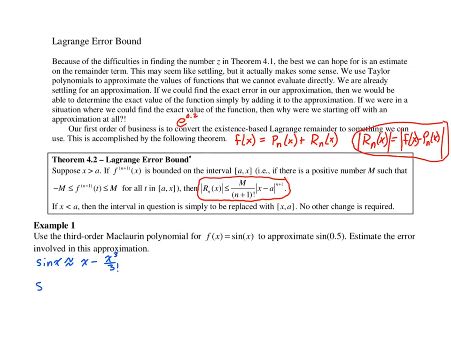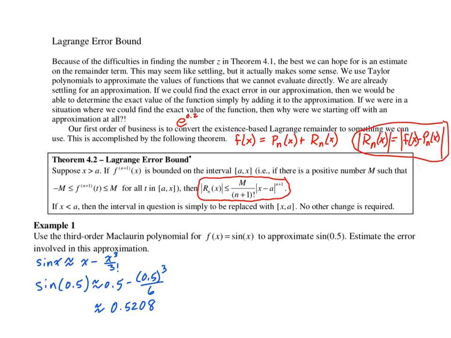And so therefore the sine of 0.5 is going to be approximately 0.5 minus 0.5 cubed over 6, which comes out to be 0.5208 when you work that out.